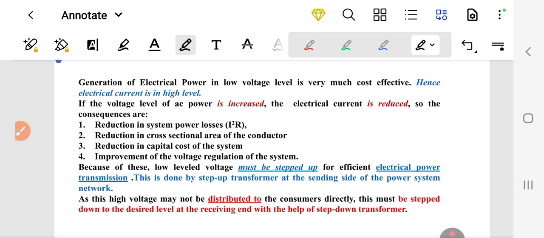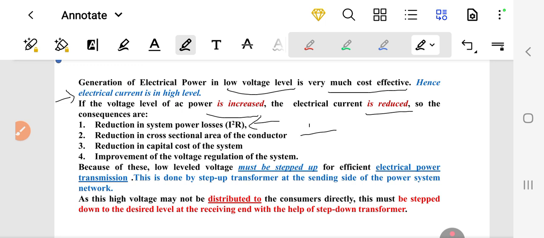Generation of electrical power at a low voltage level is very cost effective, as the current will be high at a high voltage level. For this high level of current, we have to step the voltage up. The voltage must be increased to reduce the current, so that I square R power losses, copper losses, will decrease.